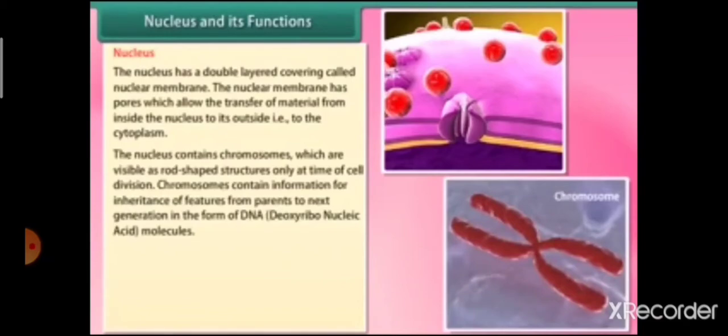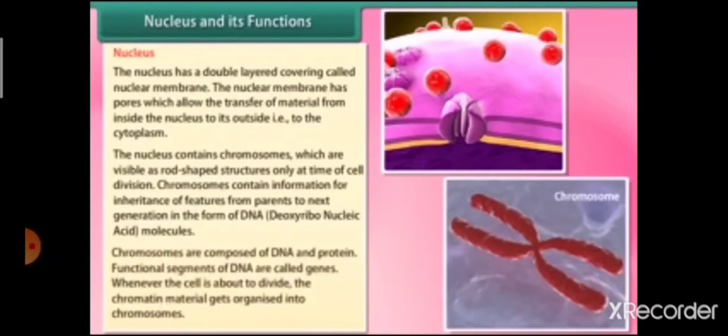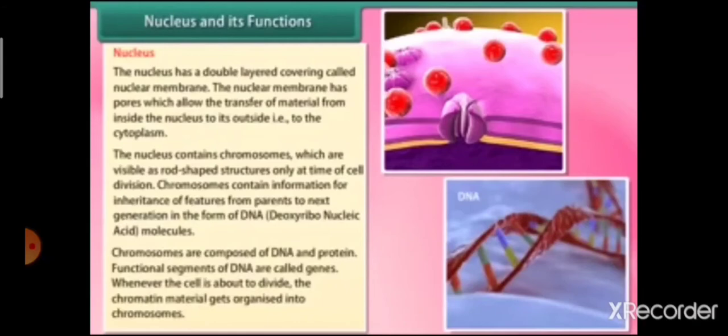DNA is deoxyribonucleic acid. Chromosomes are composed of DNA and proteins. So, functional segments of DNA are called genes. In the genes, chromosomes are there and these chromosomes are made up of DNA.